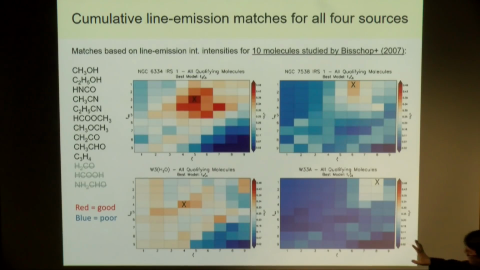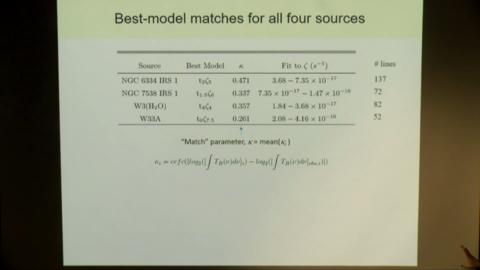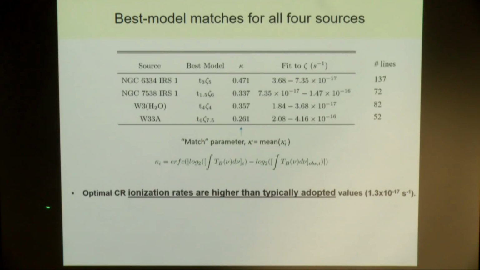But this tells us a pattern. There are some clear patterns here. One is that the optimal cosmic ray ionization rates that we get from this analysis are uniformly higher than the canonical value. Okay? Often maybe as much as an order of magnitude higher, or for W33A, a little bit higher than that even. So we're looking at actually quite high values, more than we would have expected.